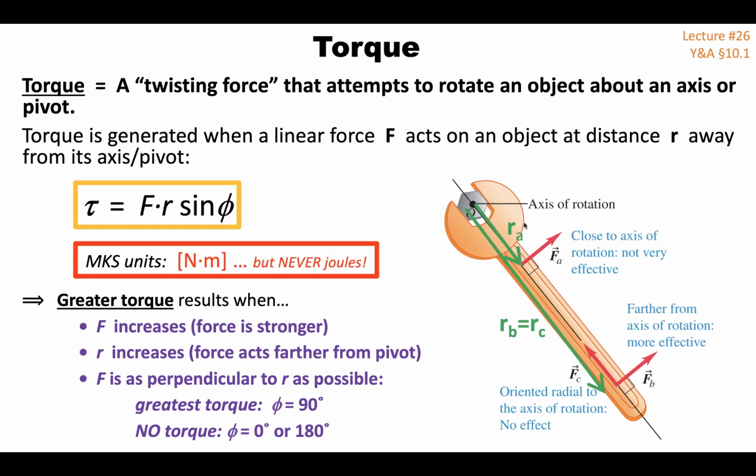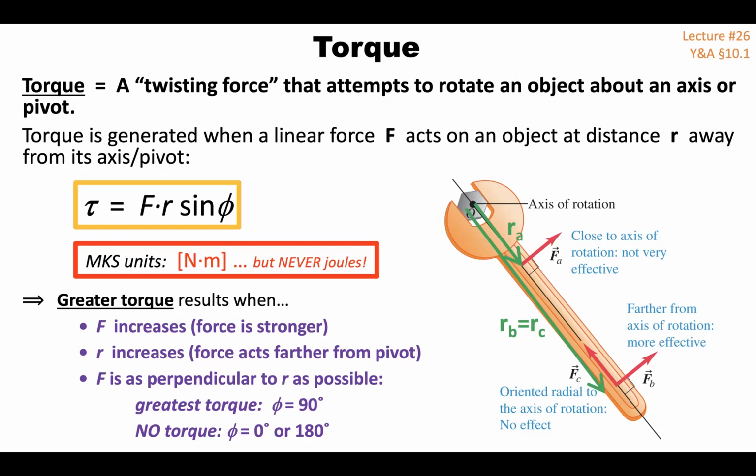So you can see here, I've drawn a couple of sample r vectors. For force A, it's acting at a location that is this distance away from the axis. For forces B and C, they're acting at a different location, so they're at a different distance r. R is the vector that goes from the pivot point to the location where the force acts.